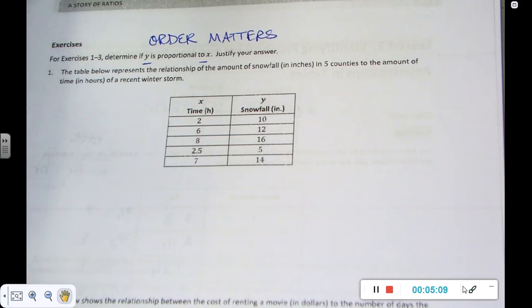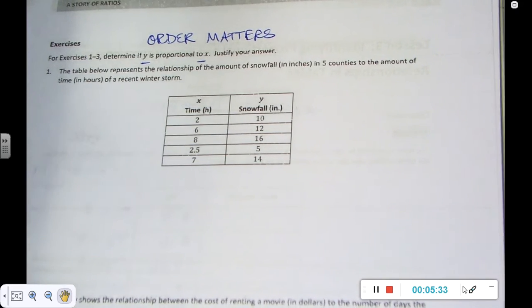That means that we have to prove it. We have to look at those unit rates for each and every thing in our table to see if they have the same unit rates. So for number 1, the table below represents the relationship of the amount of snowfall in inches in 5 counties to the amount of time in hours of a recent winter storm.